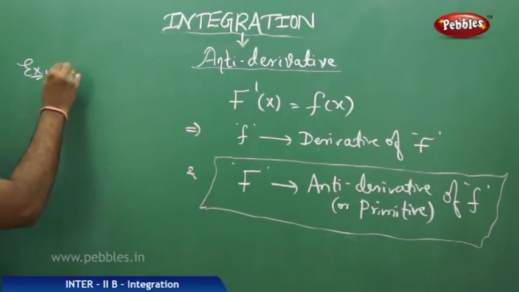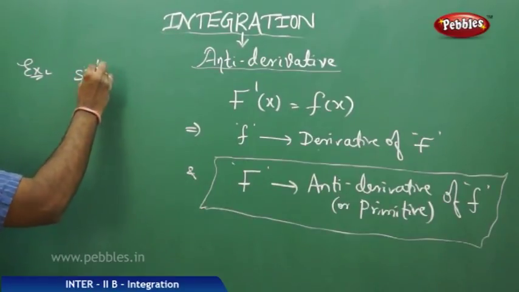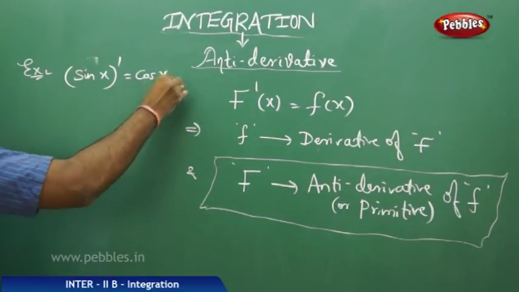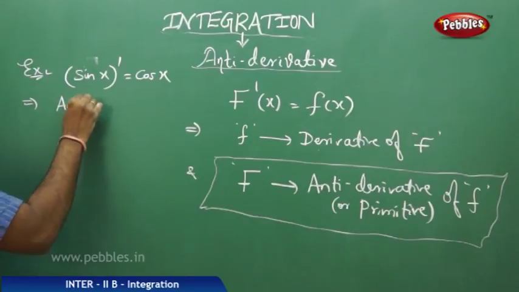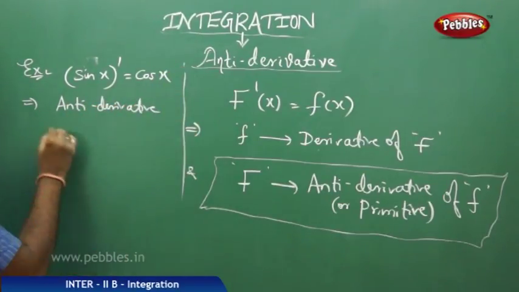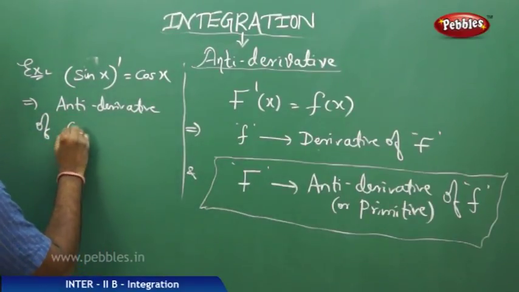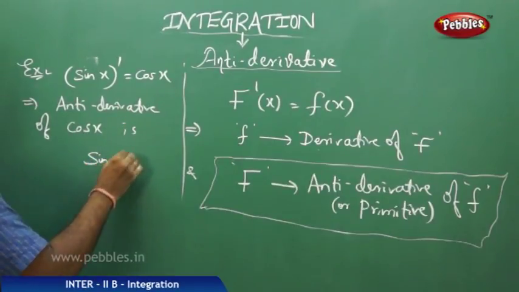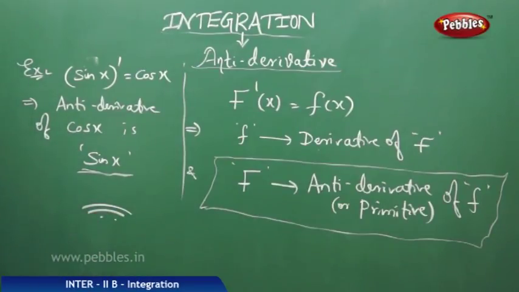Say for example, the derivative of sin x is cos x, that implies the antiderivative of cos x is sin x, which is how we understand it.